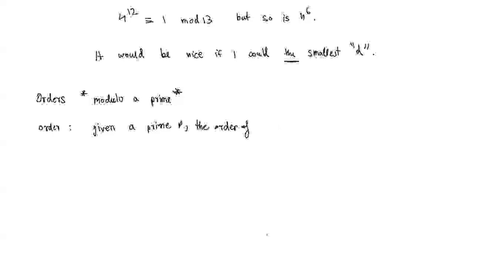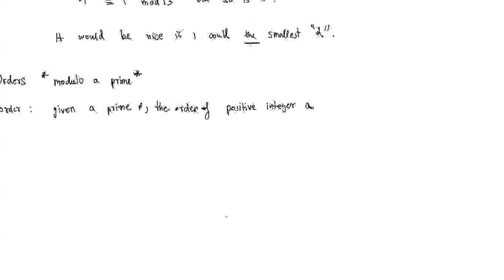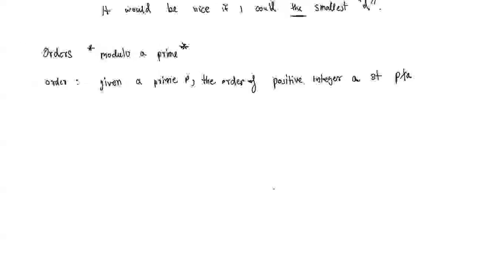So if you're given a positive integer a such that p doesn't divide a, then there exists d, which is the smallest positive integer such that a to the power d is congruent to 1 mod n.